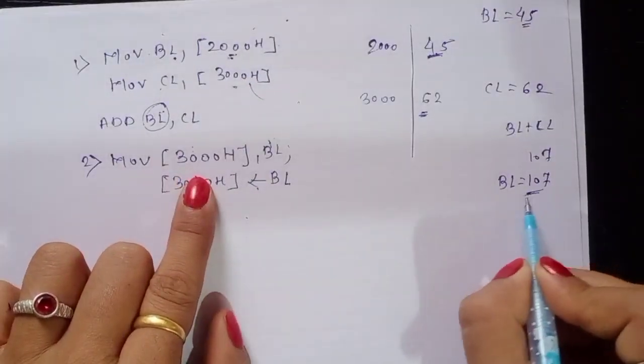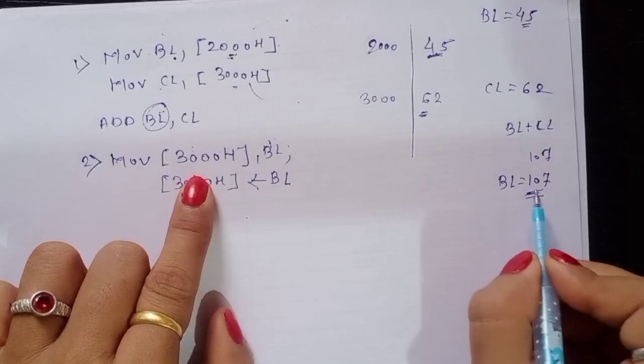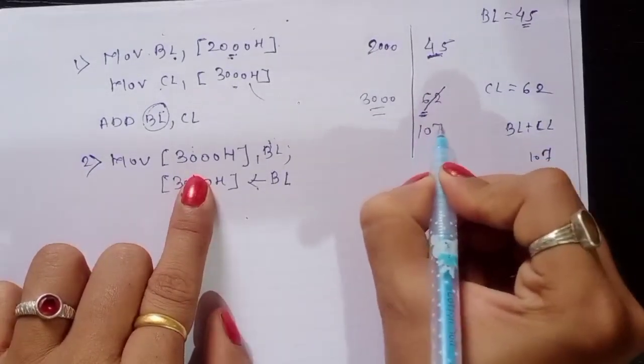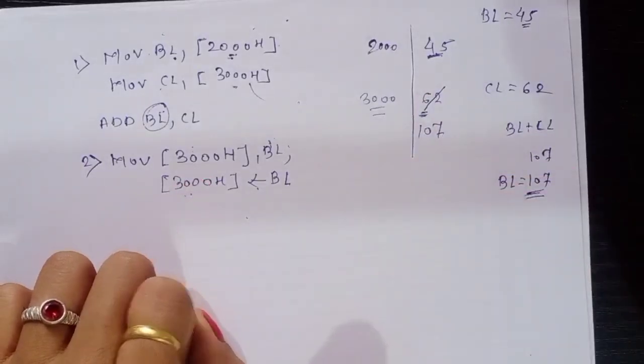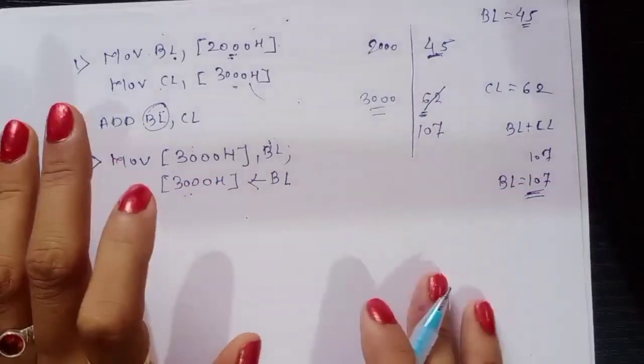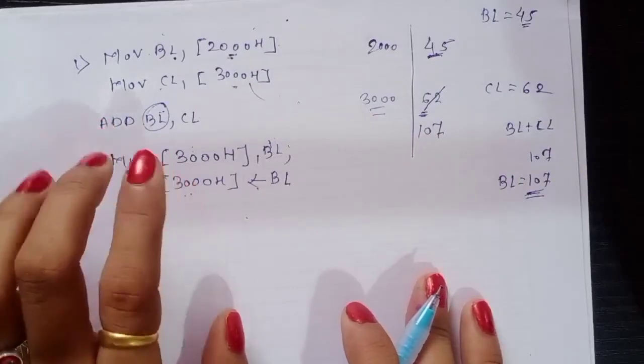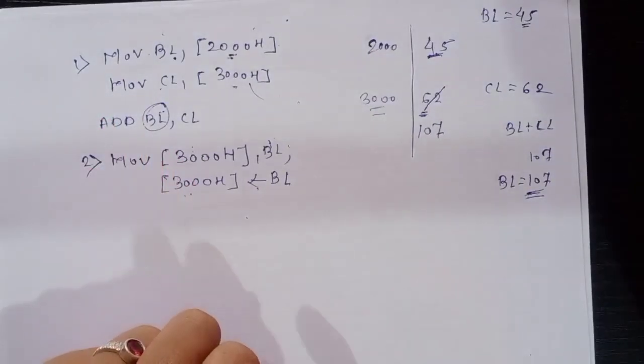The contents of BL are 107. We have to transfer these contents to memory location 3000, so that location becomes 107. Are you getting my point? So this is the direct addressing mode, in which we know the address of the memory location, not the data.